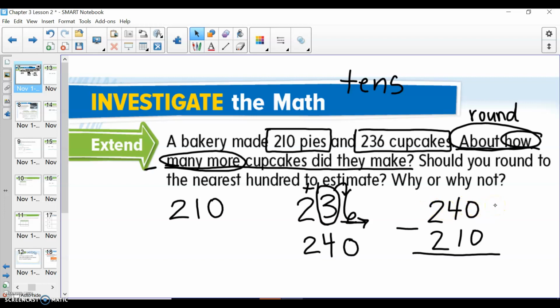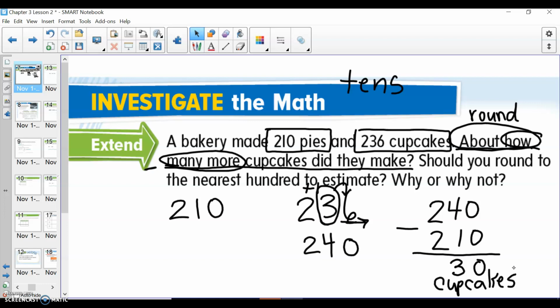So always keep that in mind. And now we're just going to subtract. 0 minus 0 is 0. 4 minus 1 is 3. 2 minus 2 is nothing. So the answer to about how many more cupcakes did they make? About 30 cupcakes. And we always give our final answer a label.